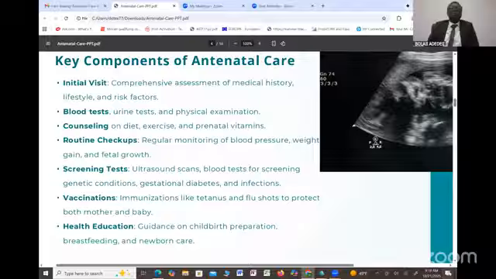So this involves taking their bio data. We ask for their age. Why do we ask for their age? We know people at the extreme of the reproductive ladder are prone to complications like preeclampsia, like labor obstruction due to inadequate pelvis, especially for those in the teenagers, and anemia in pregnancy.